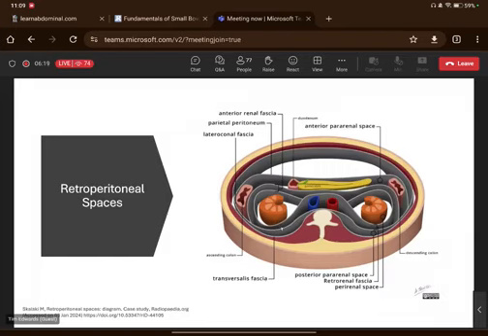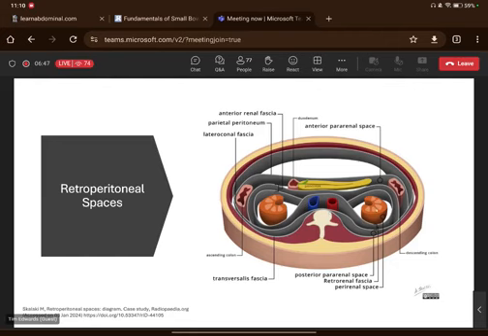Then posteriorly, we have the posterior pararenal space, which is anteriorly bordered by the posterior renal fascia, and posteriorly bordered by the transversalis fascia. There's nothing very exciting in this area, but those are the 3 retroperitoneal spaces to be aware of: anterior pararenal space, perirenal space, and the posterior pararenal space.